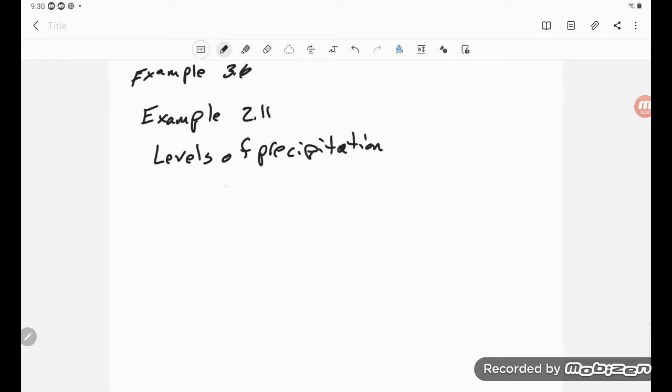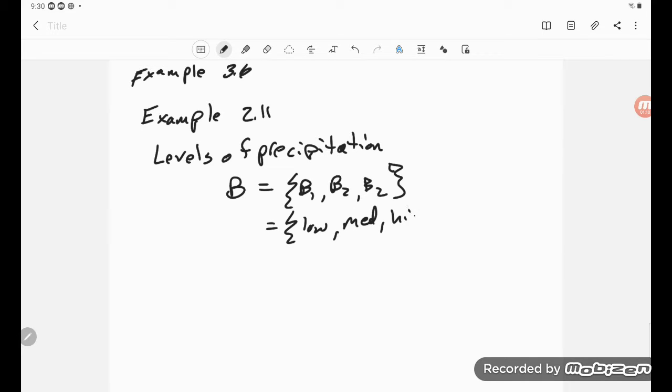Okay, and those were B, and that was equal to the set B1, B2, B3, or low, medium, high. And then those were just coded as 1, 2, and 3.